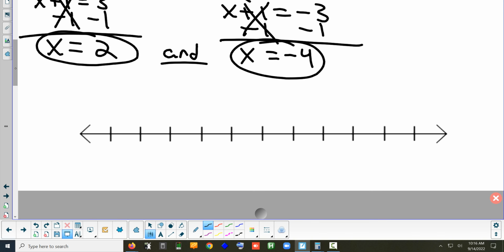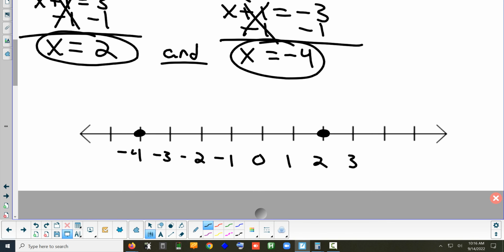Let's do negative 4, negative 3, negative 2, negative 1, 0, 1, 2, 3. When they ask you to graph your answer, this is all you have to do. Put a dot on 2 and put a dot on negative 4. What you're doing is coloring in where the answers are.